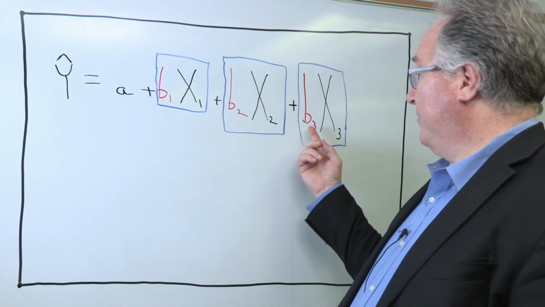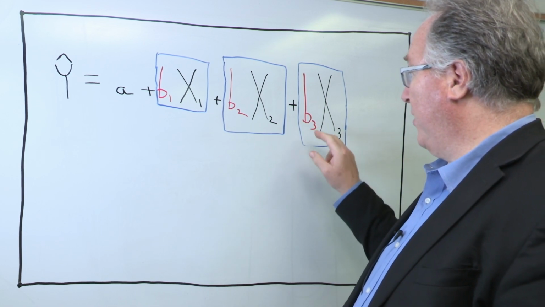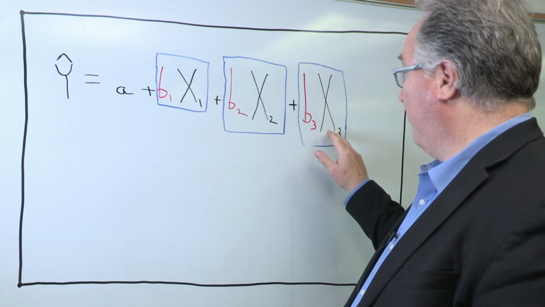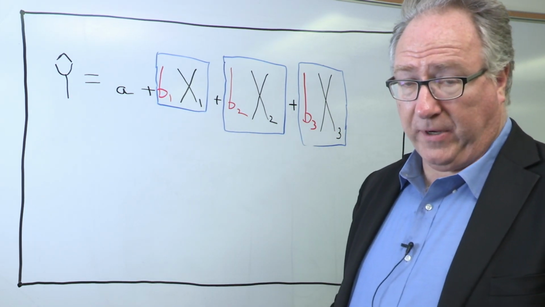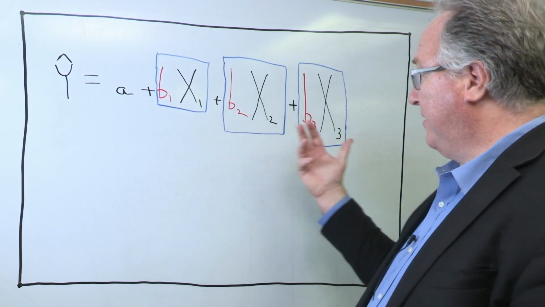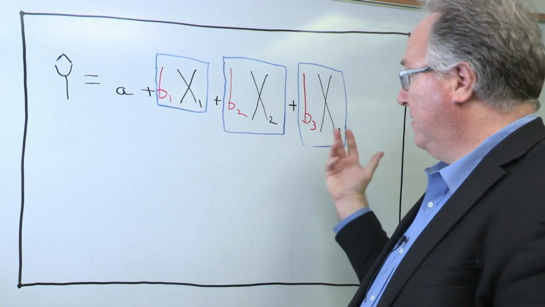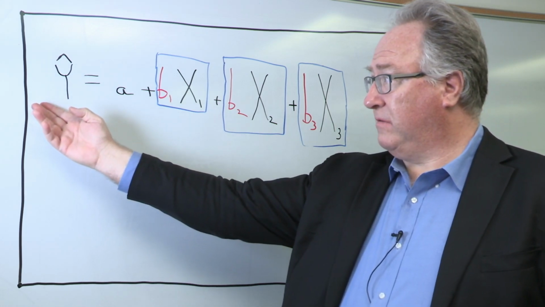And so this regression coefficient value describes the strength and direction of the relationship between this third predictor variable and the outcome variable. Okay?